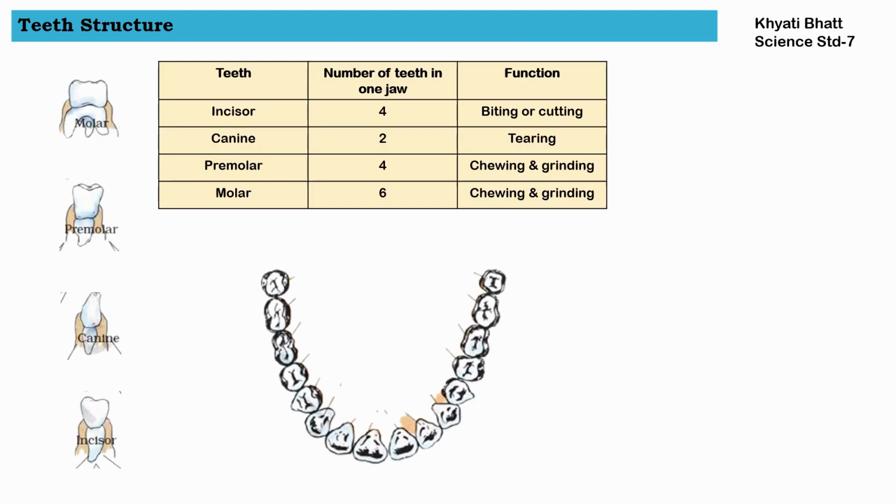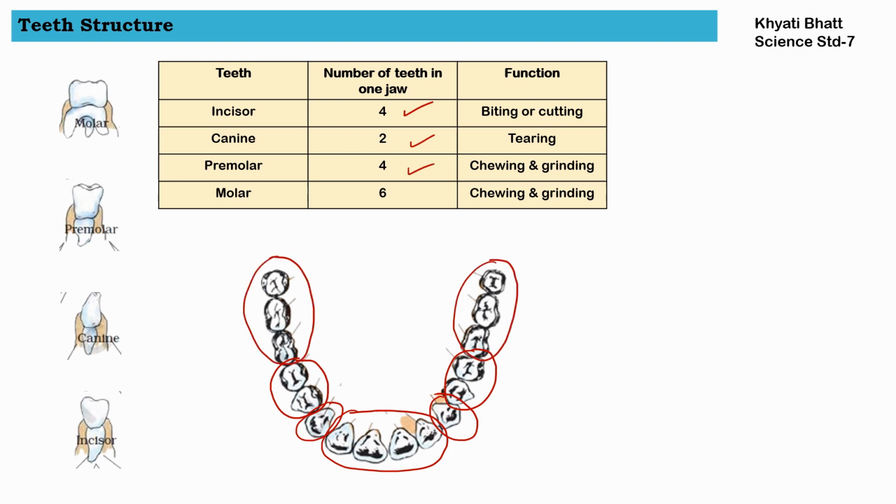Let us understand as per their function. There are 4 incisors and their function is biting or cutting food. Then comes the canine. On either side one canine, so there will be 2 canines, and we use these teeth for tearing. Then comes the premolar. On either side two premolars, so total 4 premolars.